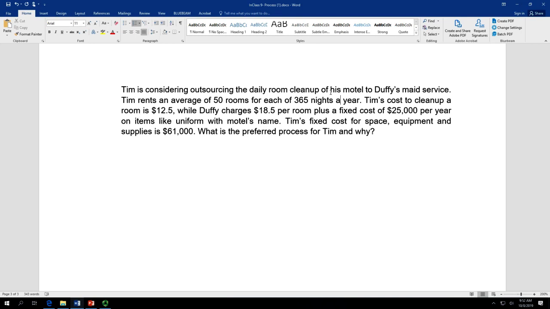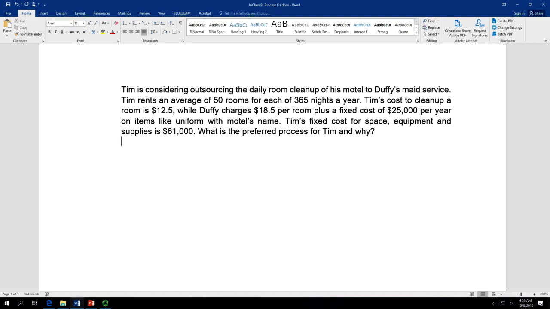And clearly, this is another idea to figure out what the total cost is. The total cost includes a fixed cost plus the variable cost times the quantity level. So let's start with outsourcing, because outsourcing seems a little bit easier.